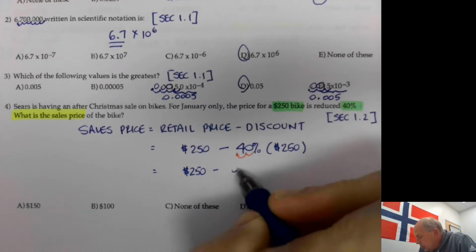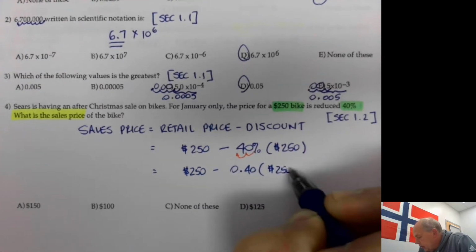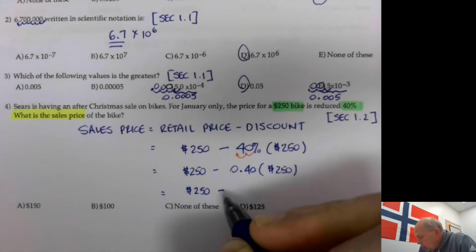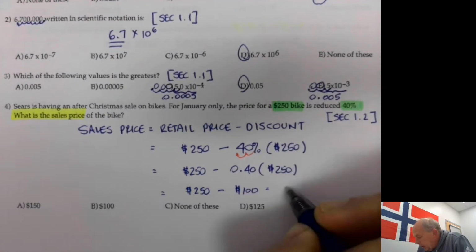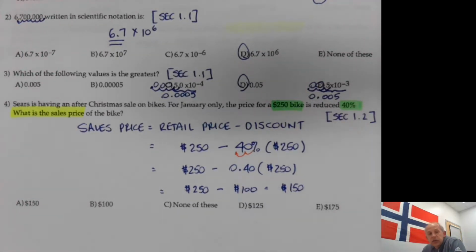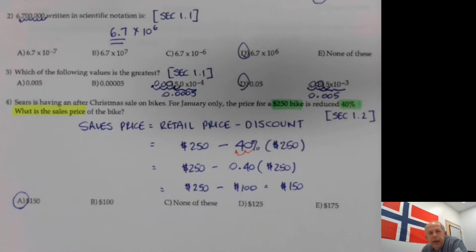So that would be 250 minus 0.40 times 250, or 250 minus 100. When I multiply those two values, I get an answer: the sales price of the bike is $150, choice A.